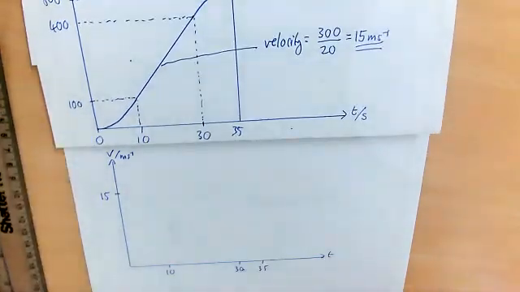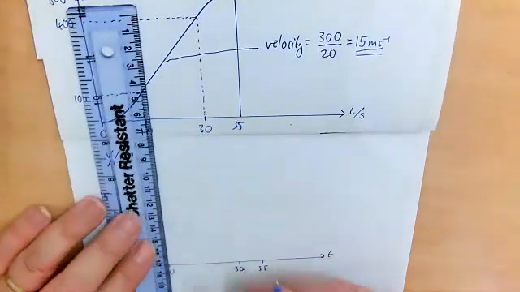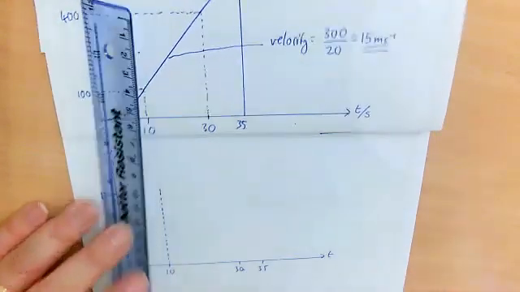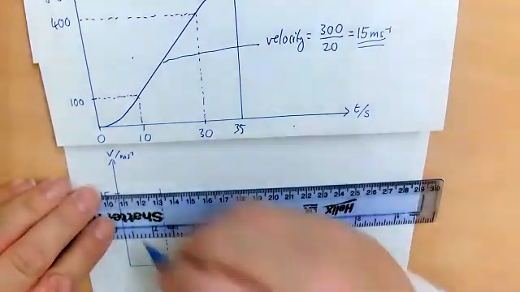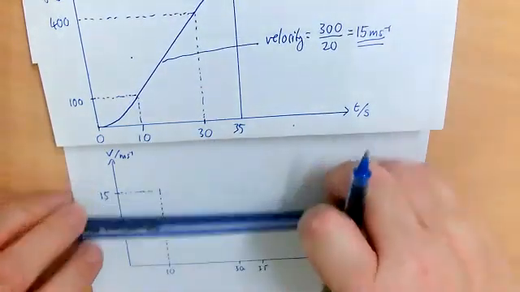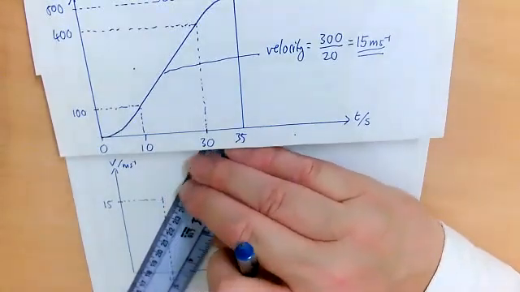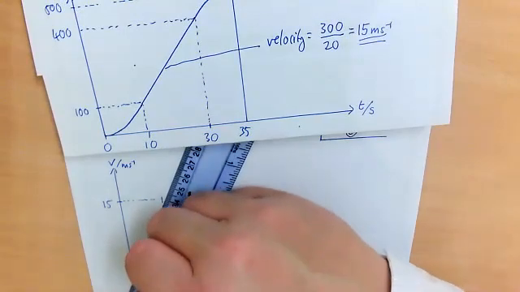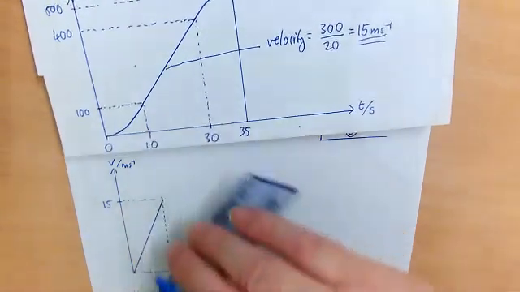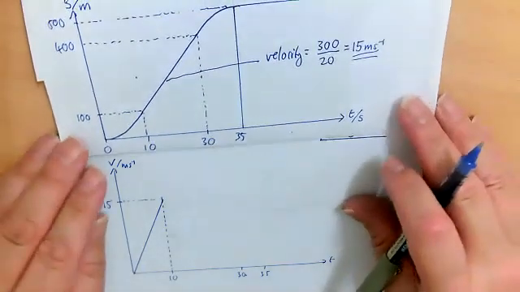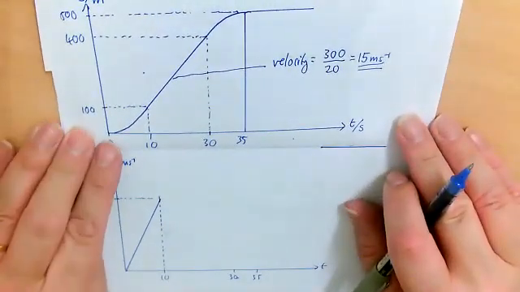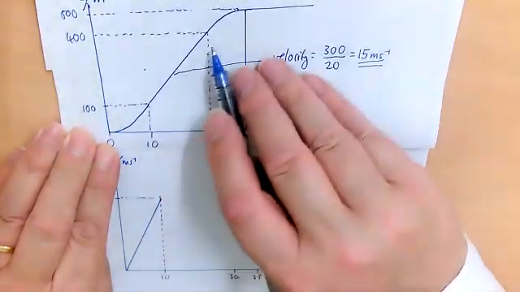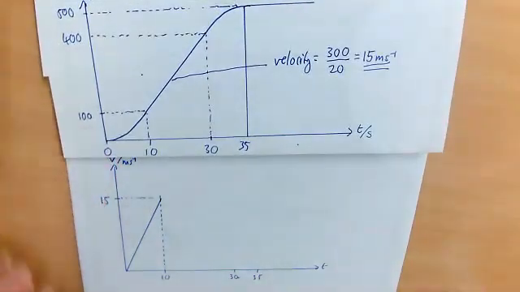So if I was to draw my velocity time graph for exactly the same motion, assuming uniform acceleration, it would look like that for the first 10 seconds. The next 20 seconds, I've got a constant velocity of 15 meters per second. I worked it out before.